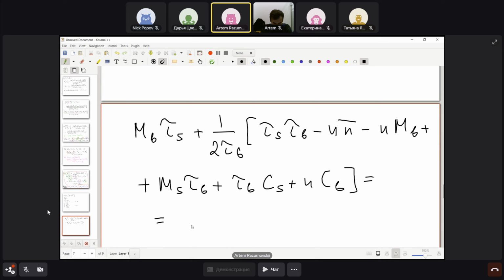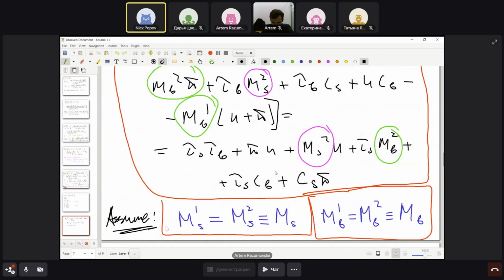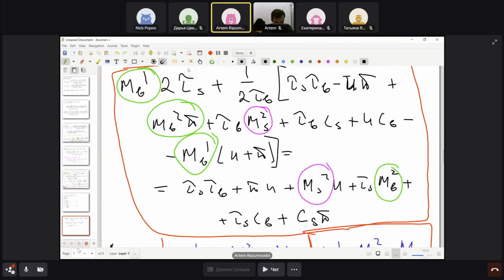And what about then? Then we have this tau s, tau b, right? Minus pu. And what else? Was it minus or was it plus? PU. I think it was plus. It's supposed to be minus. It's my mistake, because they always go with minus.